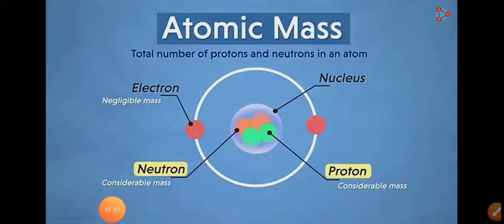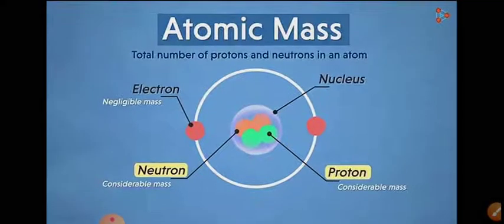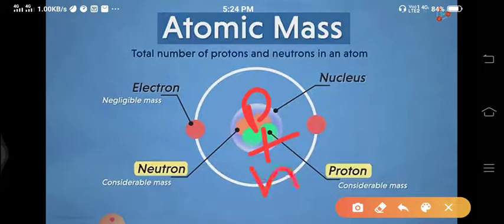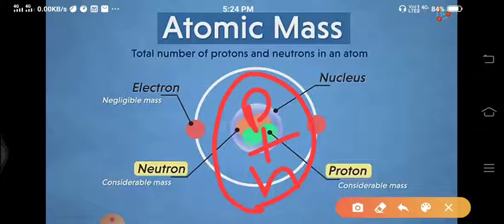So we can define atomic mass as the number of protons and neutrons, that is, protons plus neutrons, the addition of them in the atomic nucleus. It is called the atomic mass number, and protons and neutrons are together called nucleons.